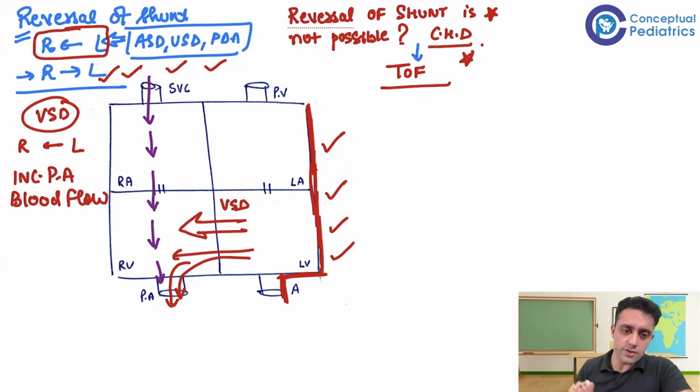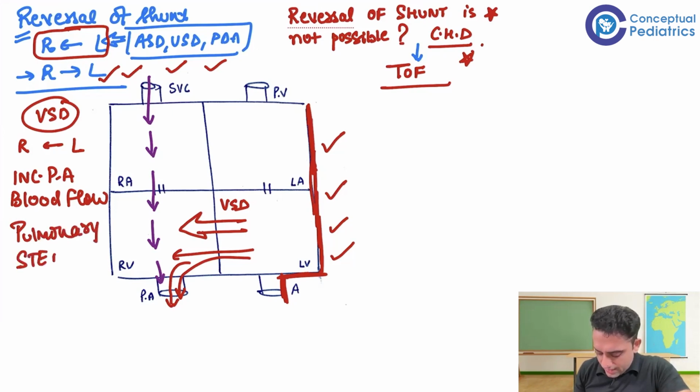When too much blood is going through the pulmonary artery, eventually the pulmonary artery will get fatigued and tired, and the patient can land up with pulmonary stenosis.